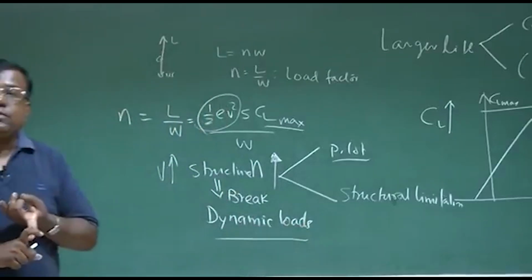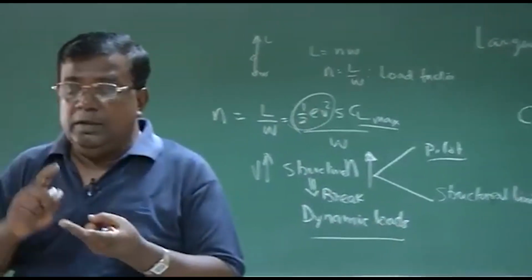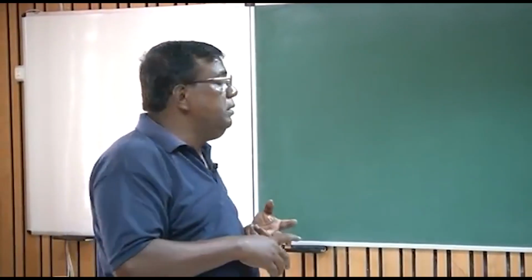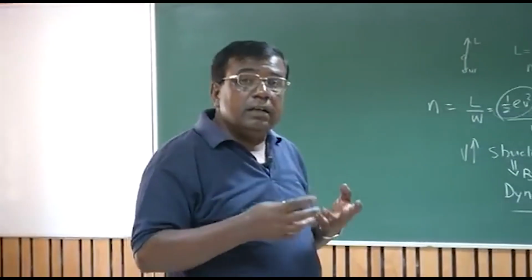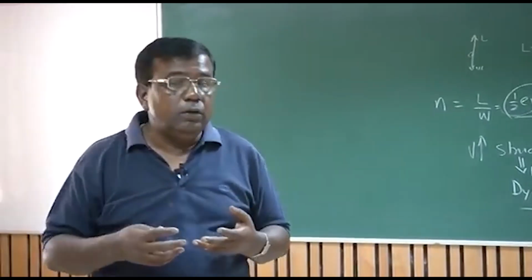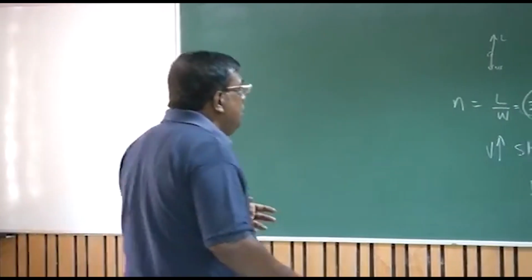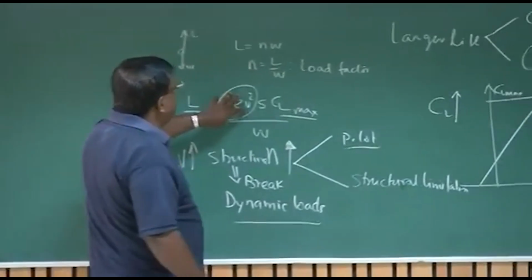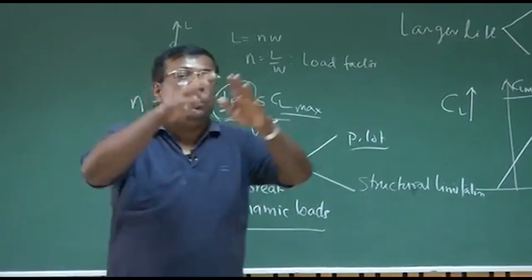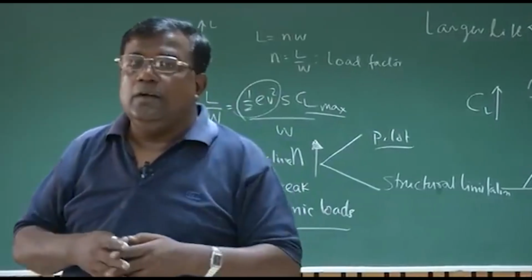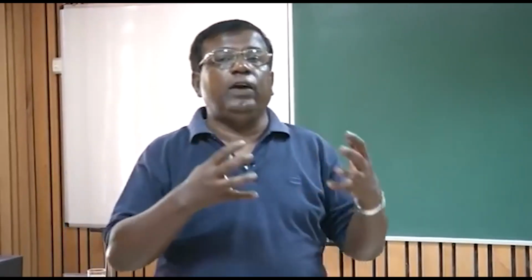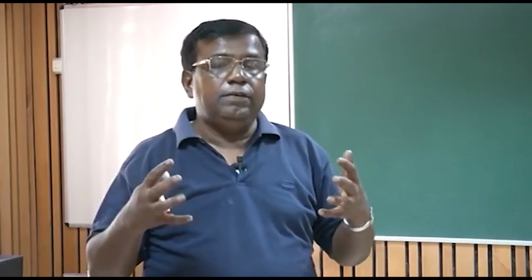So one is the CL max limit, one is the limit because of N, which is the pilot's limitation, then the structural limitation to withstand large inertial load, and also the high dynamic load through half rho V square dynamic pressure, because of which the structure may break. These will draw the boundary of what speed and what load factor the pilot is safe to fly at.